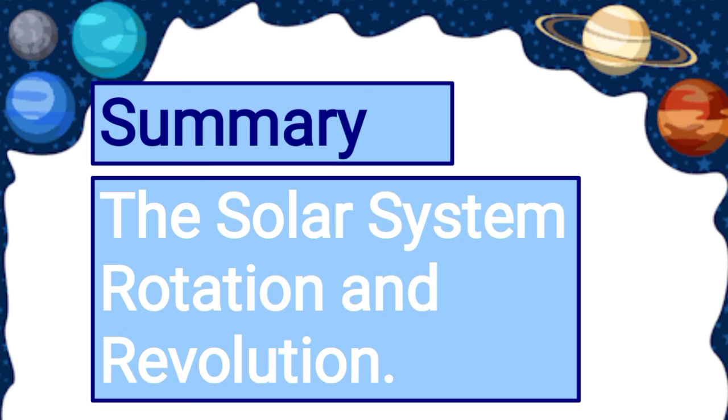Rotation causes day and night, and revolution along with the tilt of Earth's axis causes the seasons. It takes the Earth about 24 hours to complete one rotation and 365 and a quarter days to complete one revolution.